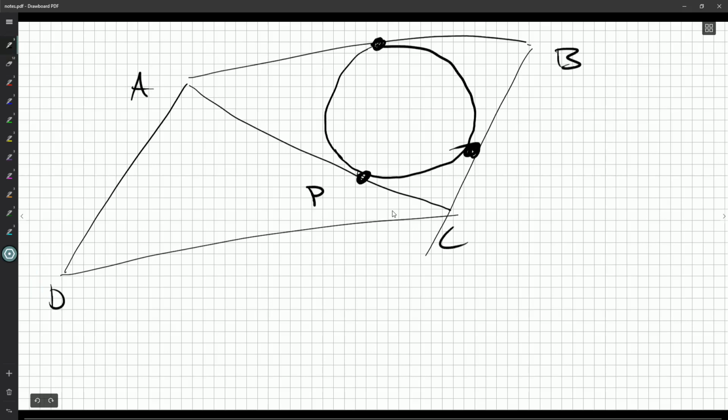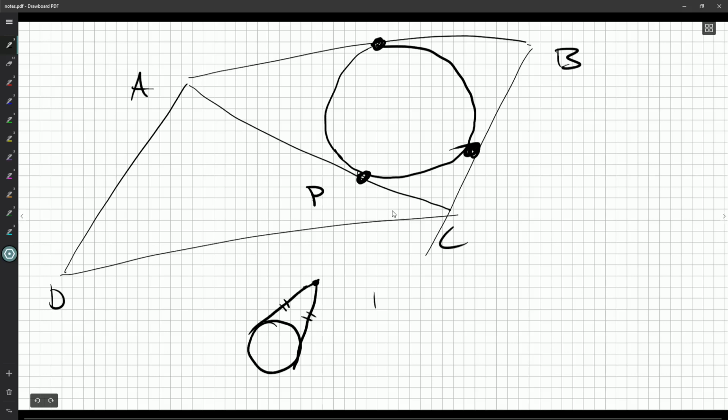Okay, so I'm going to exploit some circle properties. If I've got a circle and a point outside and I drop tangent lines, then these tangent lines are the same length. So this is a consequence of what we call power of a point, or I think it's called power of a point, but basically the tangent lines.